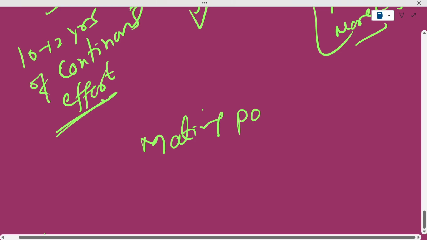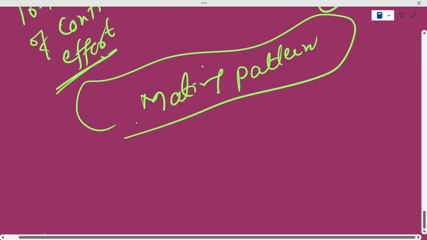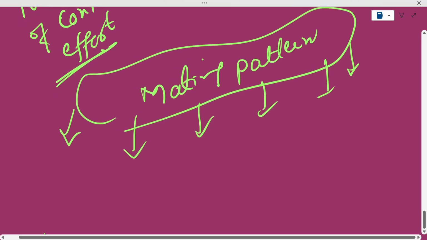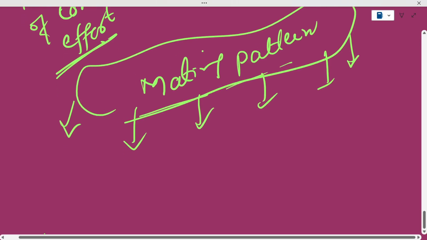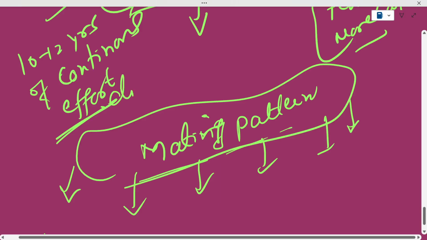Second question: are mating patterns in all species, all cultures, all groups of people the same in Homo sapiens? No, they are not. We have different varieties. There are different criteria, and you can say different governing principles about mating patterns, and that is a result of diversity.